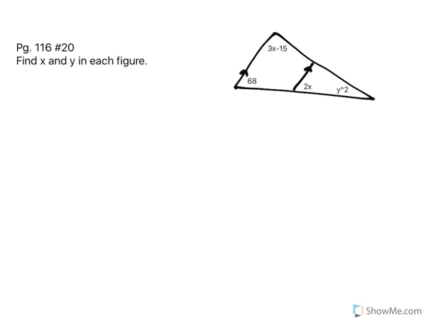The first thing we're going to try to do is find x. If we drew this like it would be a transversal, what do we know about 68 and 2x? They're on the same side, and one is in and one is out. They're corresponding angles, right?